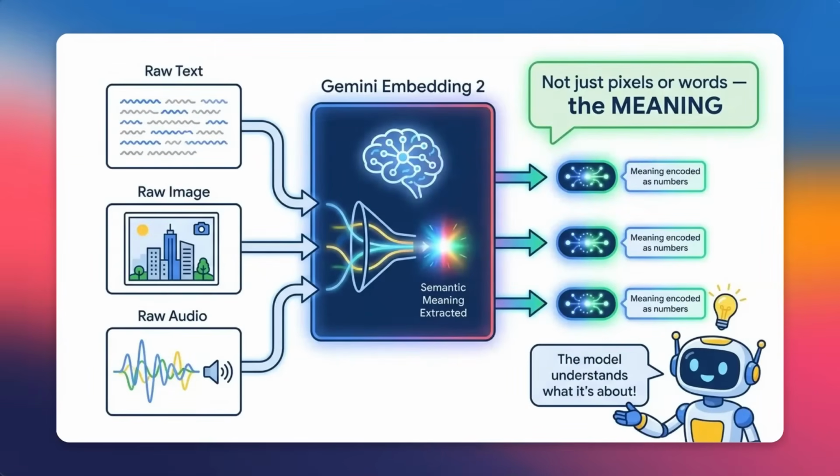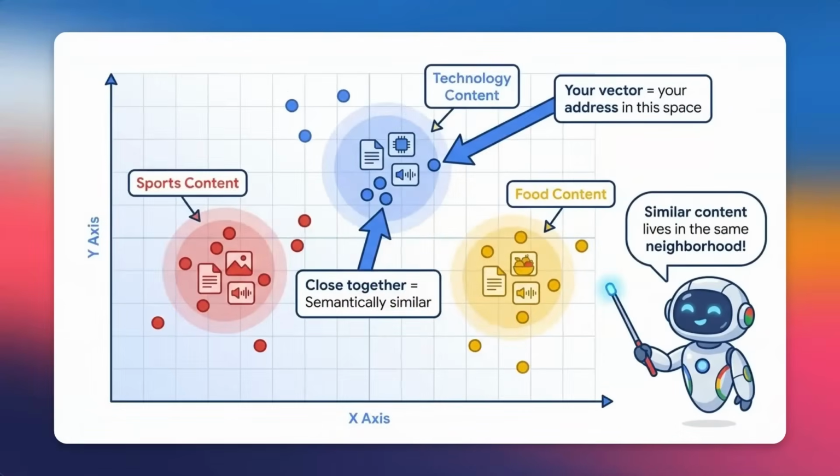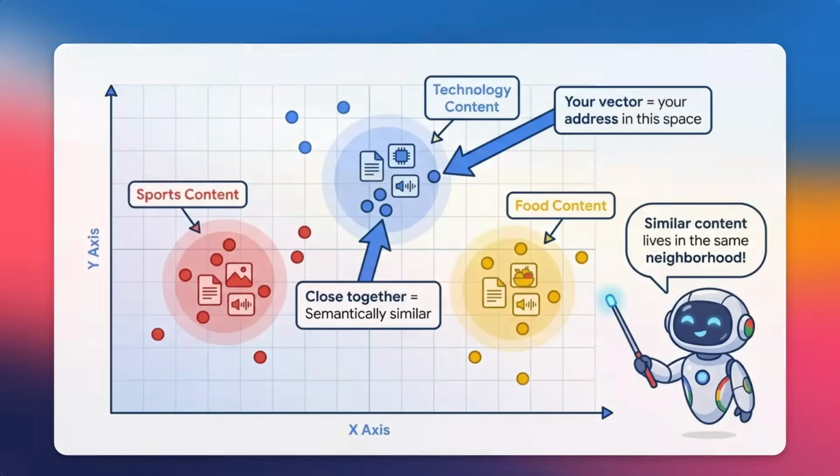The key property is that those numbers have extracted semantic information from that piece of content. You can think of that vector as an address in n-dimensional space, where things that are in similar space tend to be semantically similar overall.